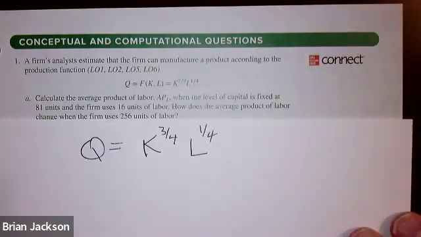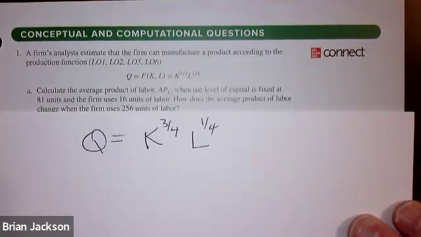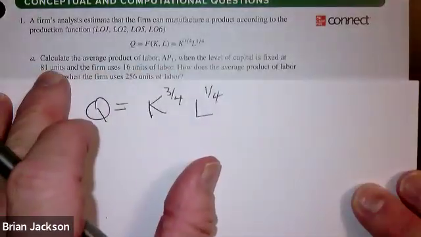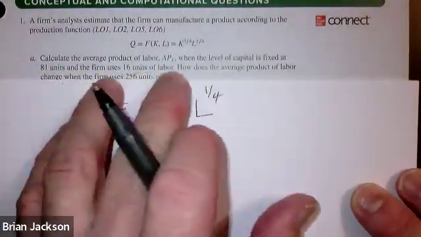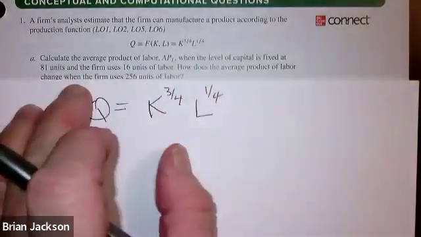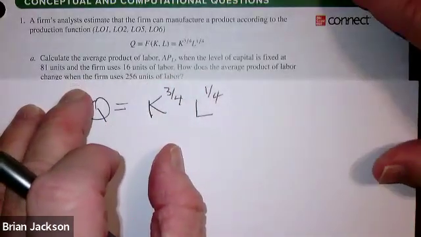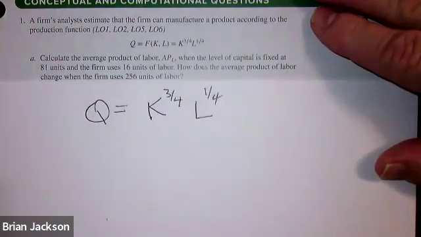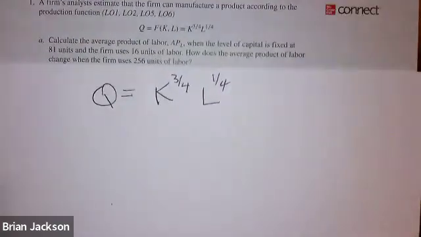Calculate the average product of labor when the level of capital is fixed, so we're talking the short run here, at 81 units, and the firm uses 16 units of labor. How does the average product of labor change when the firm uses 256 units of labor?